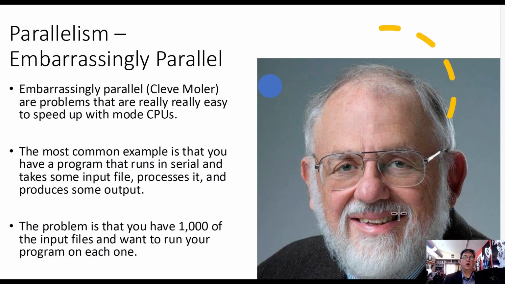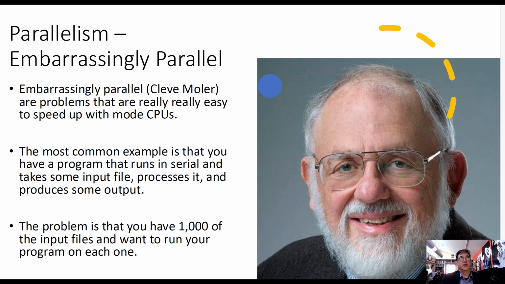This is Cleve Moler. He was a math professor here at UNM and co-founder of MATLAB, and really a giant in the field of high-performance computing because he and his students were able to create efficient matrix algebra libraries that were able to underpin all sorts of different problems, from machine learning to computational chemistry and all sorts of other fields.